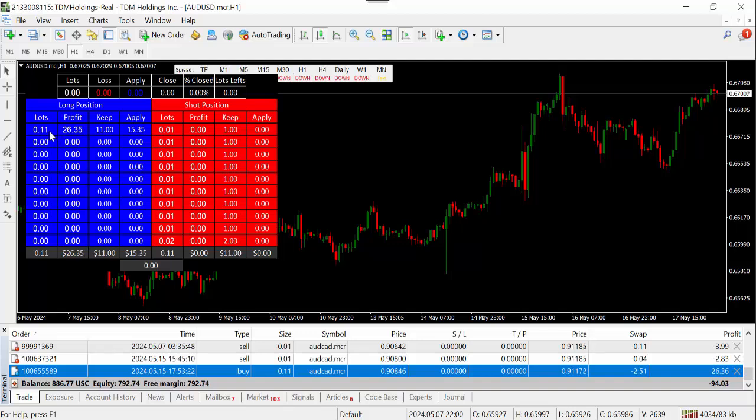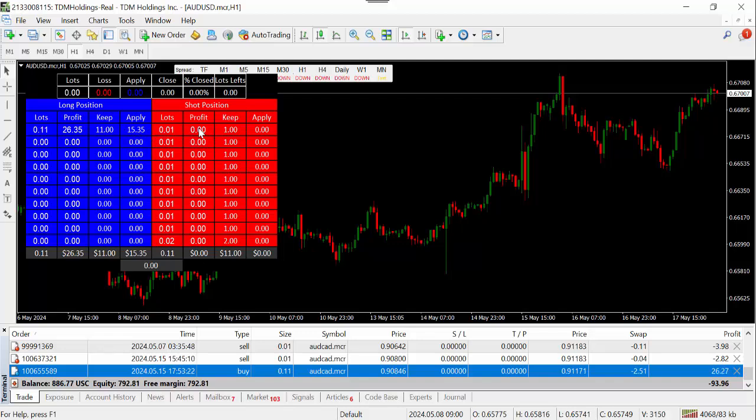So the calculator said we have to apply 15.35 to the other side, to the sell side, so that we can start reducing our hedge. So we keep $11 and we take 15.35 back to the market.